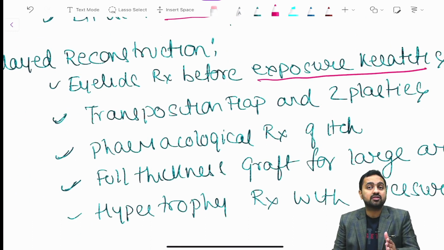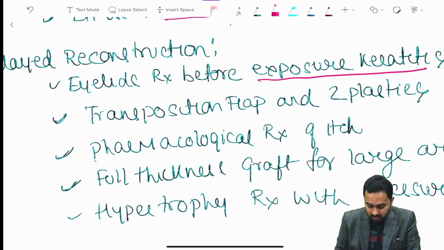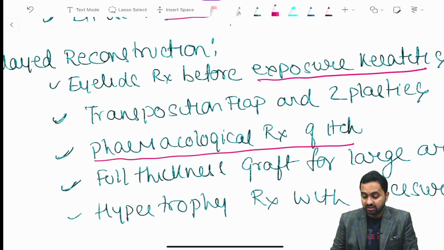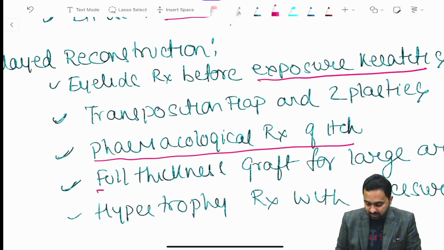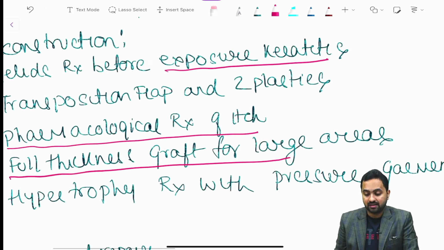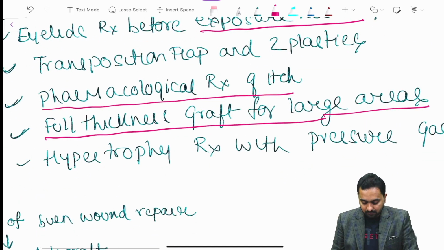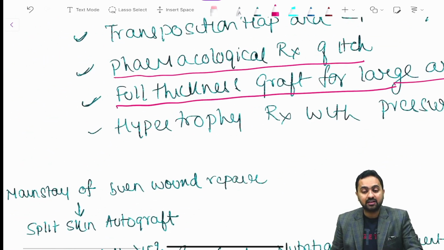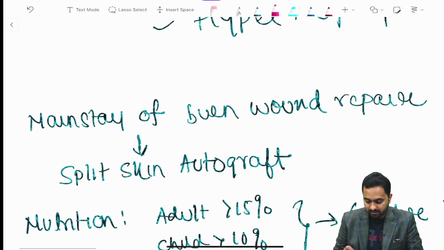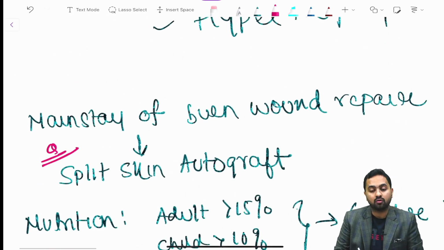Now transposition flap and your Z-plasties may be used. Pharmacological treatment of itching should be done, and your full thickness graft for your large areas may be needed, and hypertrophy treatment with your pressure garments would be needed. Now the mainstay of your burn wound repair is your split skin autograft.